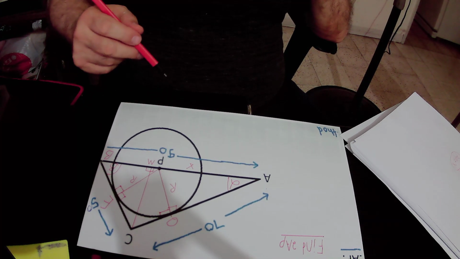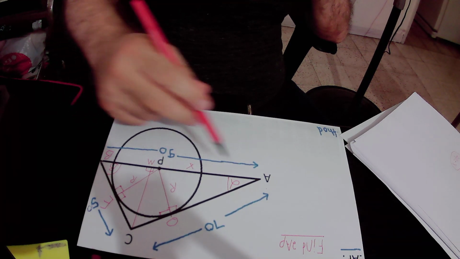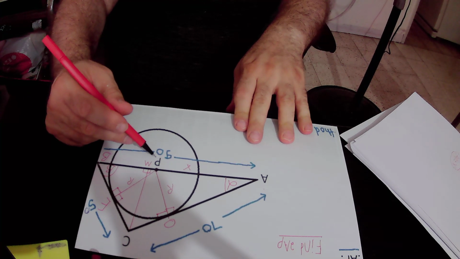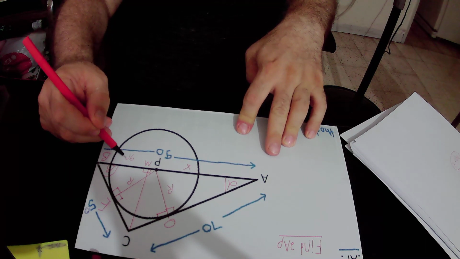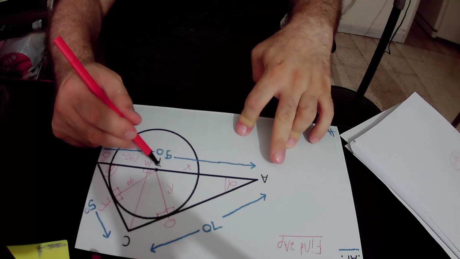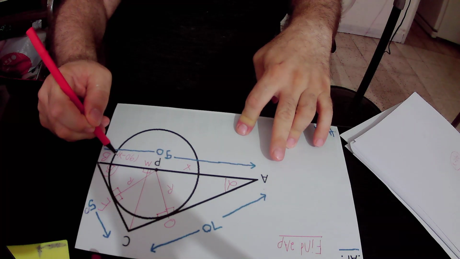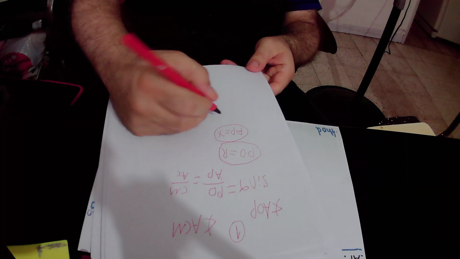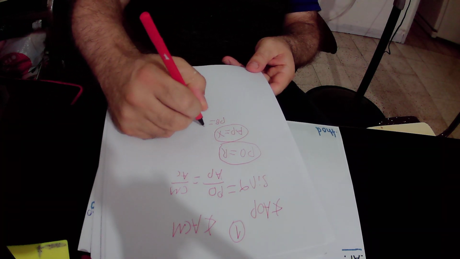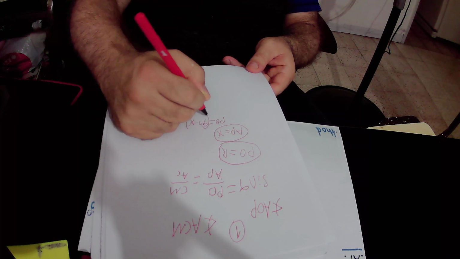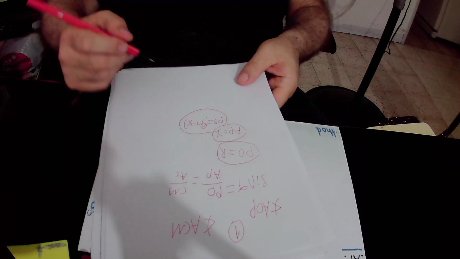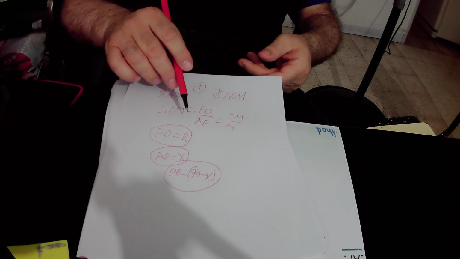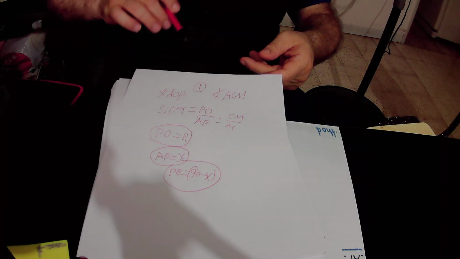But AB equals 90 units, and AP equals X. So PB equals 90 minus X. I will write it here: PB equals 90 minus X. So here we have the equalities that PO equals R, AP equals X, and PB equals 90 minus X.